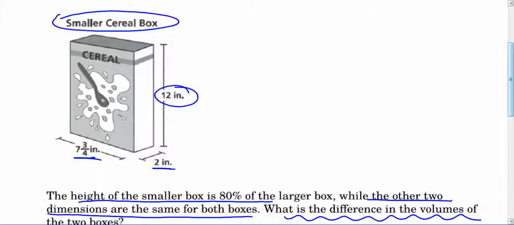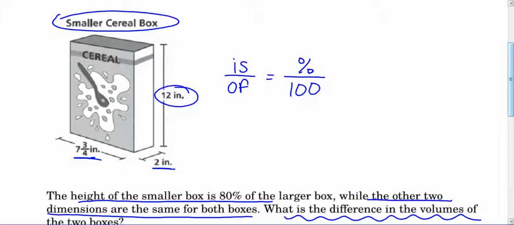So step 1 of getting this correct is to find the height of the new cereal box. So we're going to figure out that dimension using a proportion. We know percents are out of 100, and I'm pretty sure you remember this saying: is over of equals percent over 100.